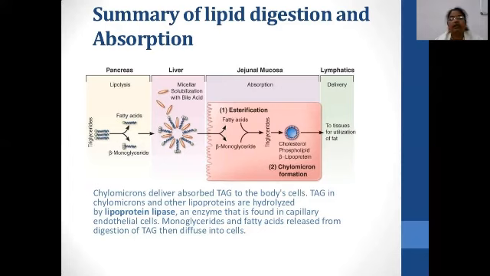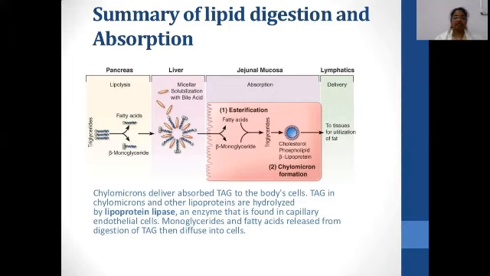This happens in the intestine, especially in the jejunal mucosa, after absorption. Next, the chylomicron will be delivered through lymphatics to various tissues for utilization.